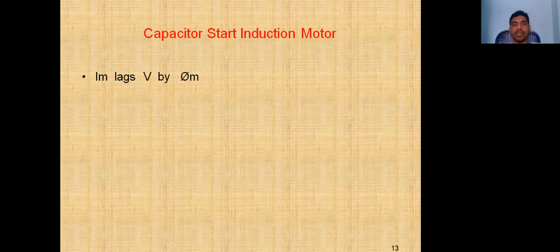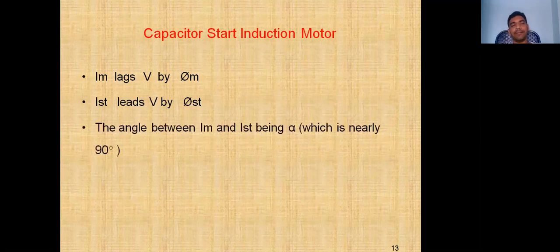So in the capacitor start induction motor, the main winding current lags the voltage by phi m, and the starting current leads the voltage by phi start because it has a capacitance.